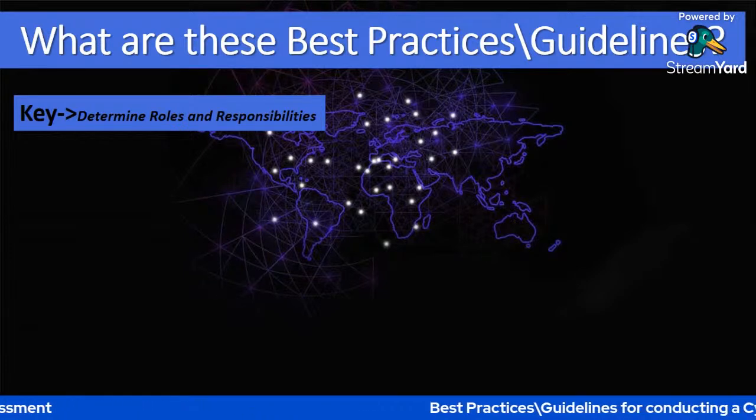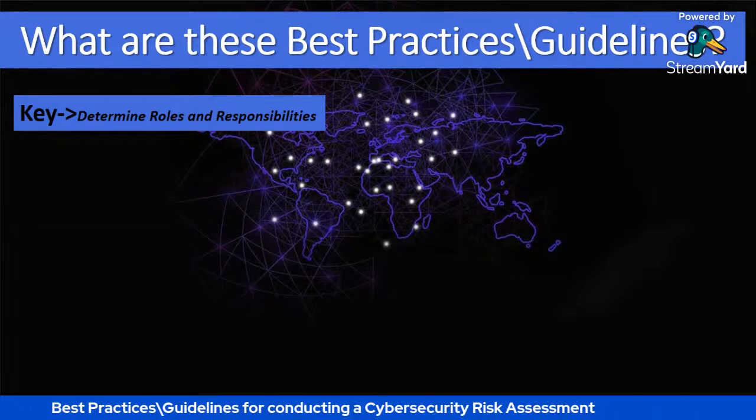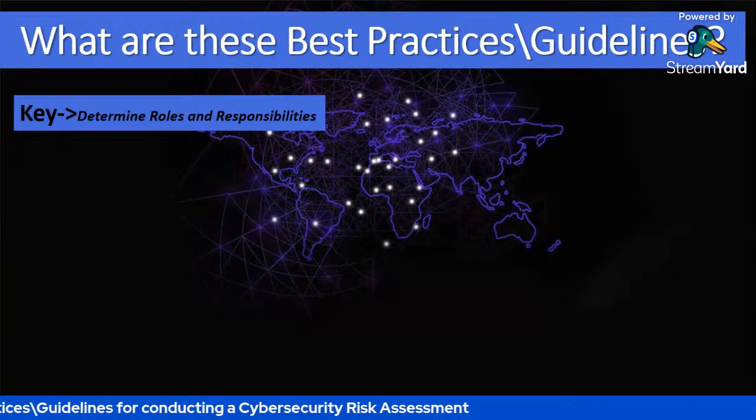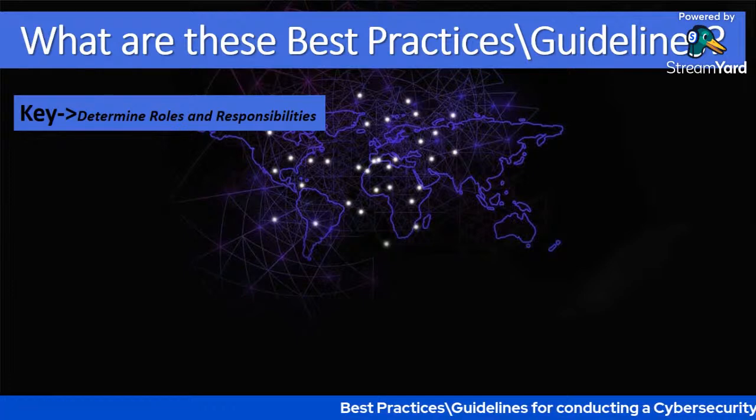And these key roles in a risk assessment exercise may include persons such as the head of the organization, the business owner, risk management functions, technology and operation function, or department heads as it relates to these departments, cybersecurity function, right?